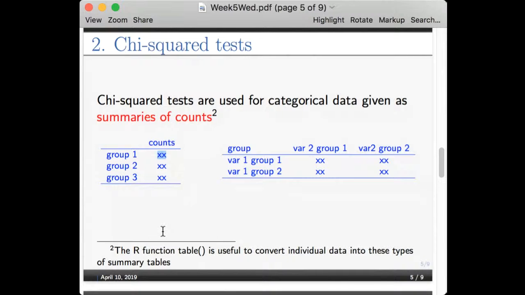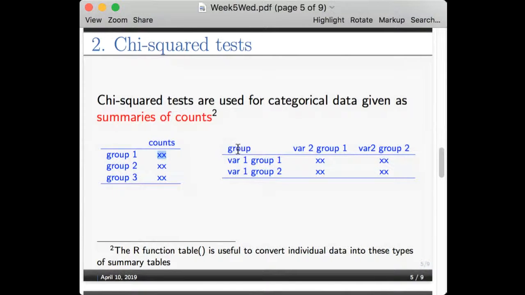To me, it's most similar to a one sample t-test, because a one sample t-test compares to a known mean. This one compares to a known probability distribution or known proportions. That's where I see it as being analogous. But of course, it's different because it's for different types of variables, for a categorical type of response.